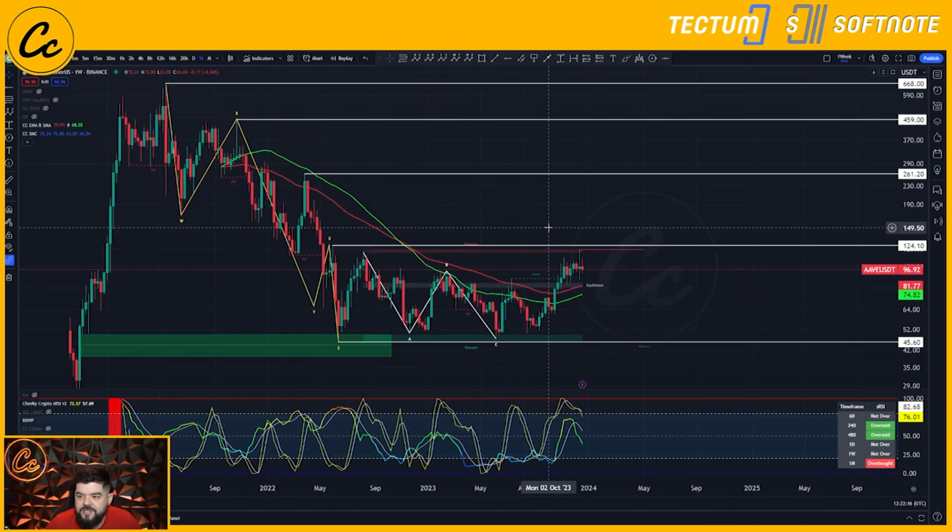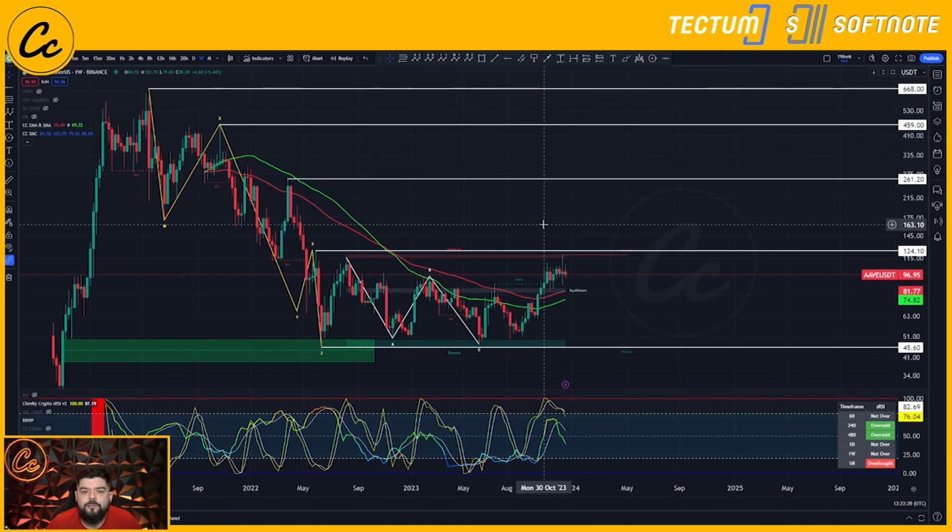But on a push to the upside, we can look at some certain areas to be targeted out for BQQ. The $261 level, that previous wick high we've seen here on the 28th of March, I think is a very interesting level, as is the $459, that X wave high we have here back on the 25th of October 2021. Very interesting to see if BQQ can push itself back up from there.